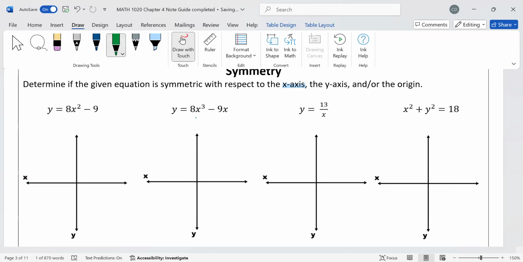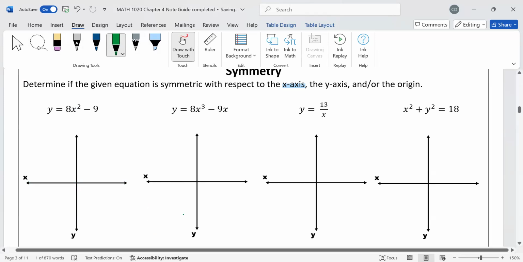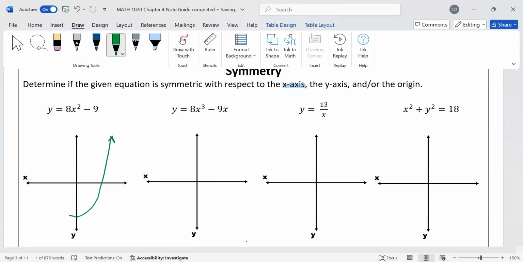So this is 8x squared minus 9. You can graph it if you want, but I'm just going to show you what it's going to look like. It doesn't have to be exact. All right, so if I fold it on the x-axis, this is the mirror image I get, if I can draw better. Okay, that doesn't lie on top of itself.